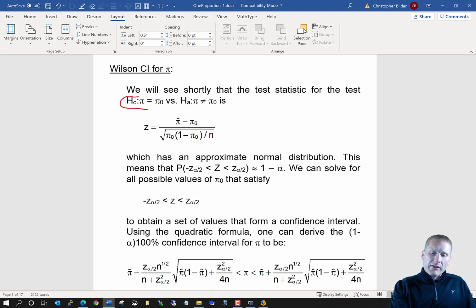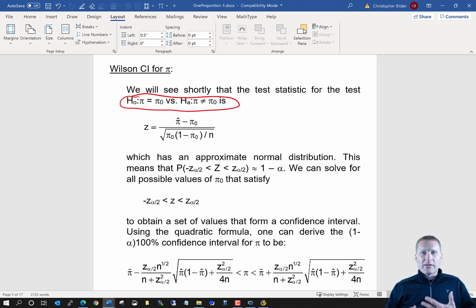So let's say I want to test these hypotheses: pi is equal to pi 0 versus pi does not equal pi 0, where pi 0 is some numerical quantity, like maybe 0.1. Then the actual test statistic that's used in this situation is pi hat minus pi 0 divided by the square root of pi 0 times 1 minus pi 0 divided by n.